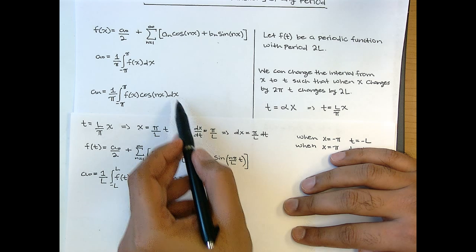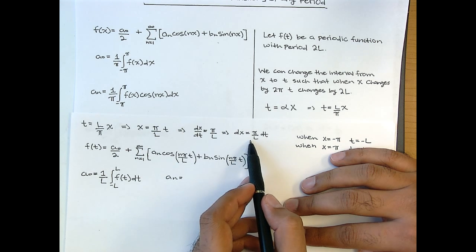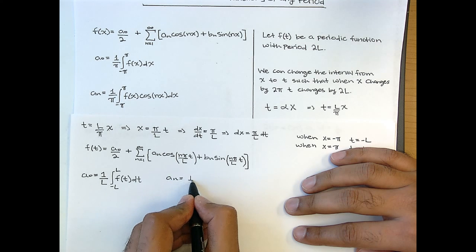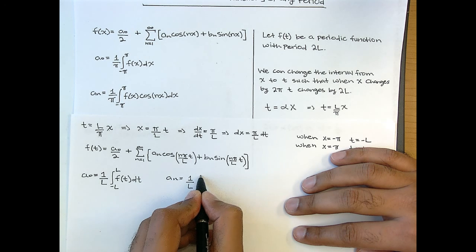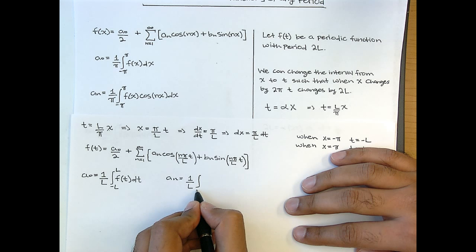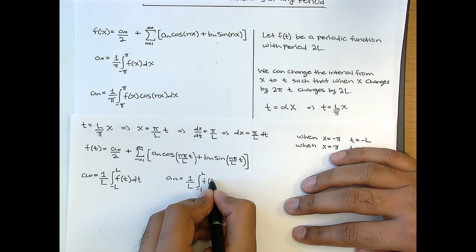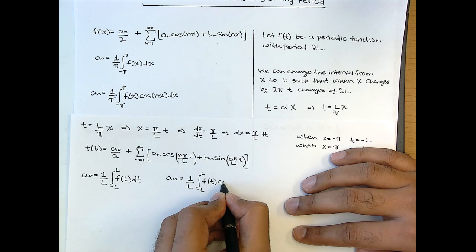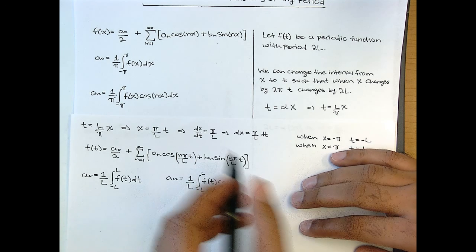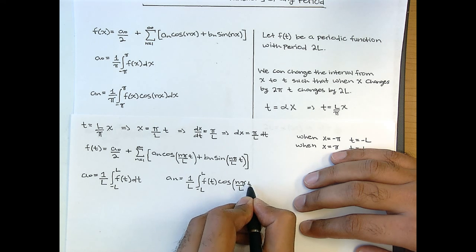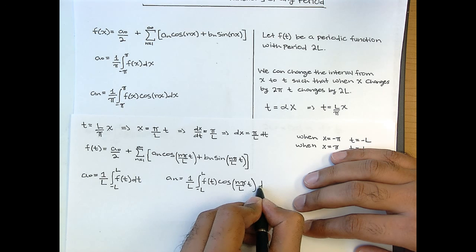Once again dx is given by this expression, so this will leave us with 1 over L, integral from negative L to L, f of t cosine of nx, so that's going to be n pi over L t, dt.